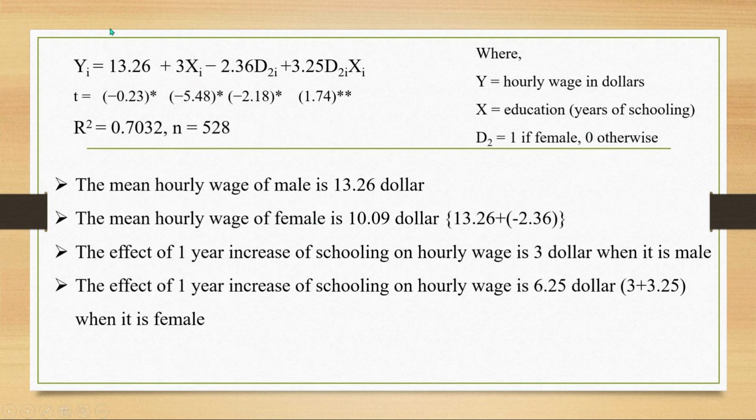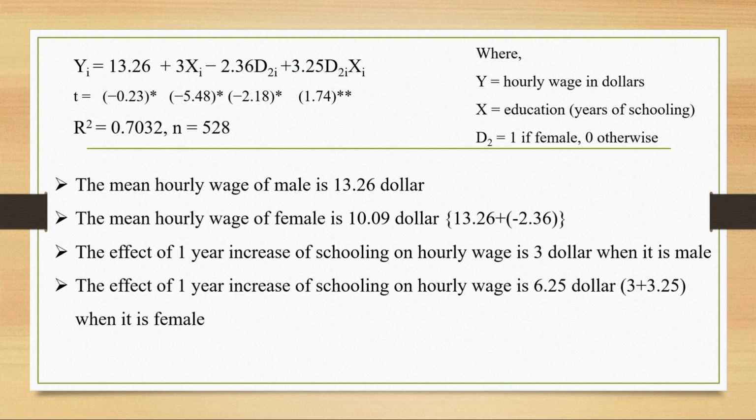In the case of female, we can say the effect of a 1 year increase of schooling on hourly wage is $6.25 when it is female. We found this $6.25 by adding the x variable coefficient value and the interaction effect coefficient value. So if you add these two values, the single continuous variable coefficient value and the interaction effect coefficient value, you will get the result for female.